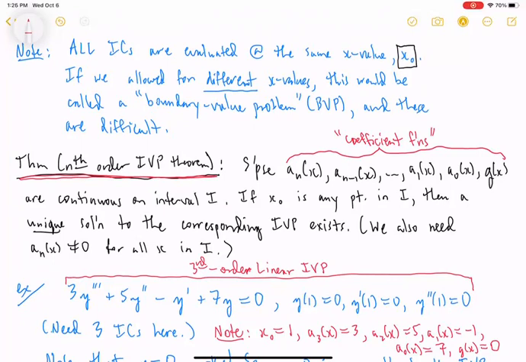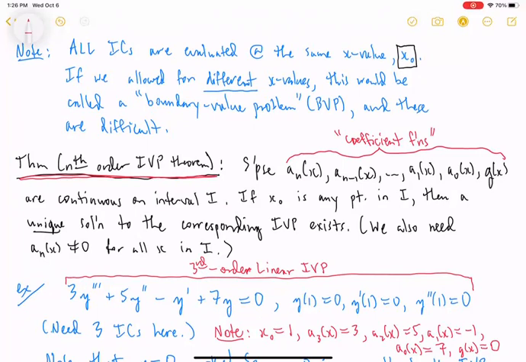Don't think too hard. 0. Don't you see? 0 clearly satisfies this differential equation, because if I put y equal to 0 here, all of its derivatives are 0, and that just kills everything, yeah? And moreover, if I plug x equal to 1 into the 0 function, it's 0.